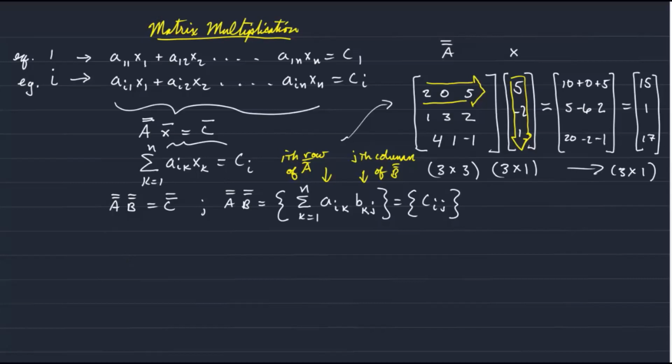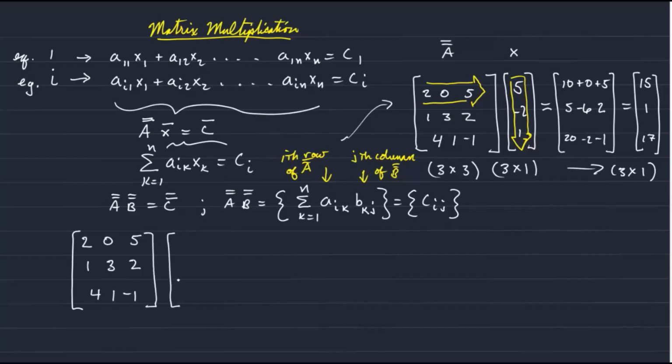And as an example, I think I can fit it all on one page here. Let's just use our original matrix right here: 2, 0, 5, 1, 3, 2, 4, 1, minus 1. That was our original matrix.